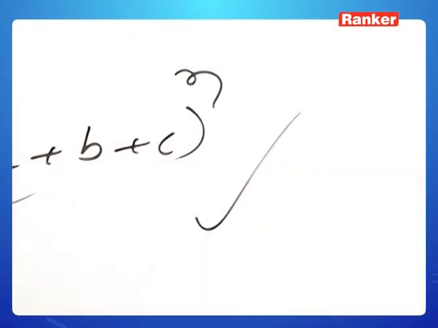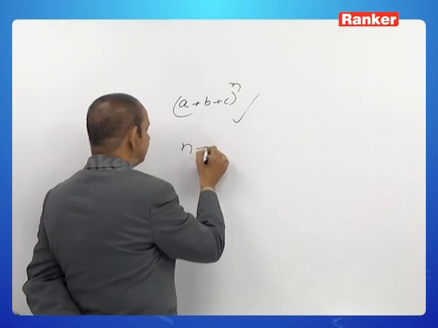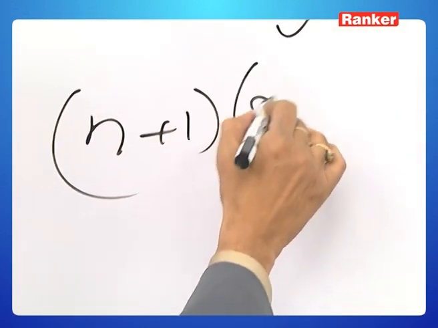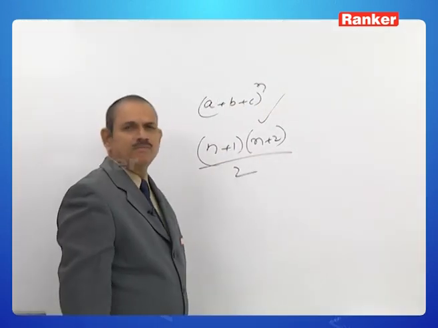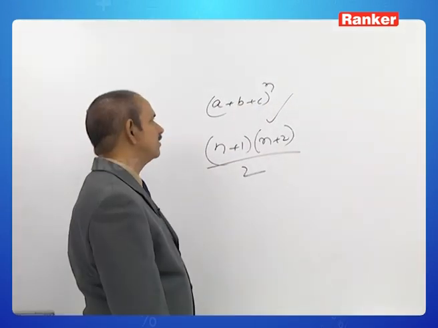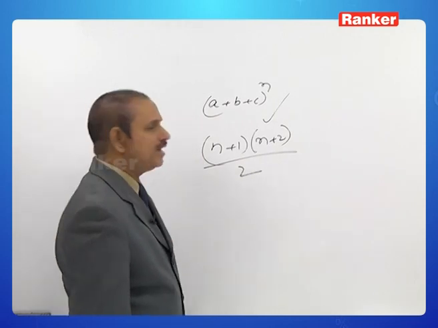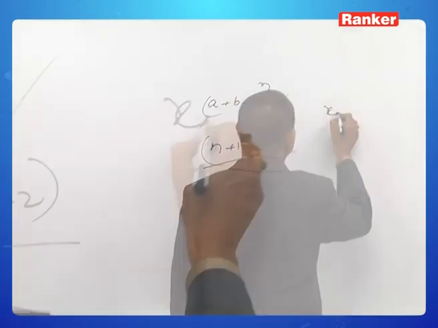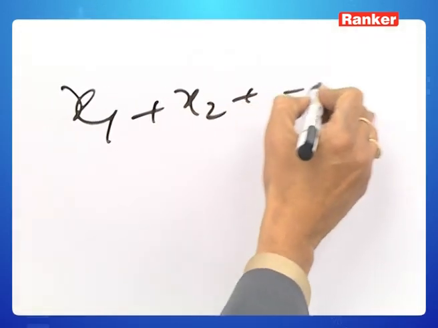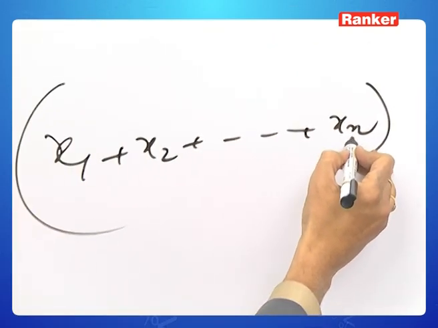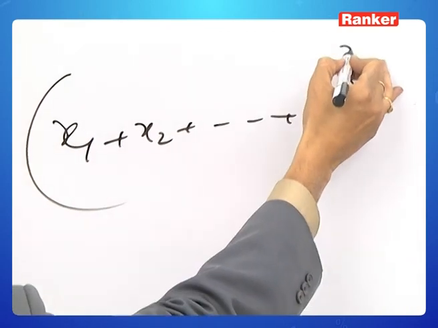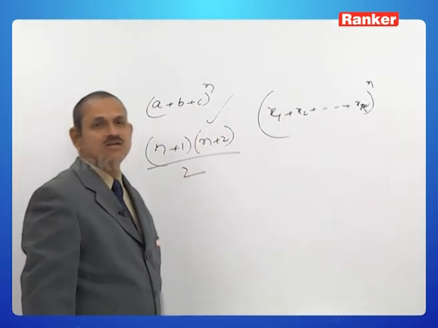In this expansion, the number of terms is (n + 1)(n + 2)/2. That is a beautiful question generally asked regarding a trinomial. And if there are k terms like (x1 + x2 + x3 + etc. + xk)^n, it is the multinomial theorem.